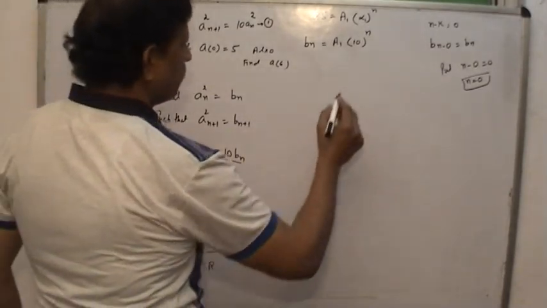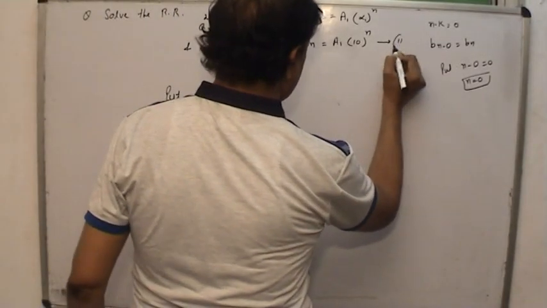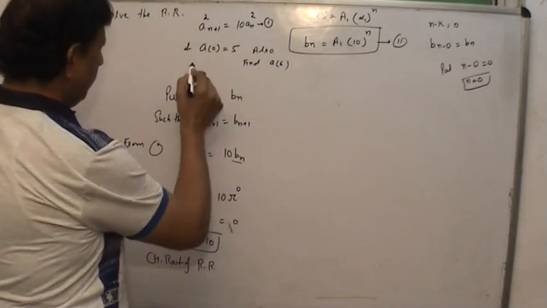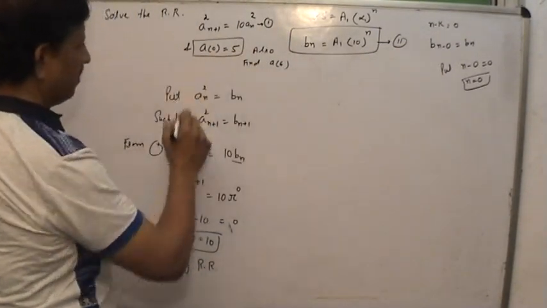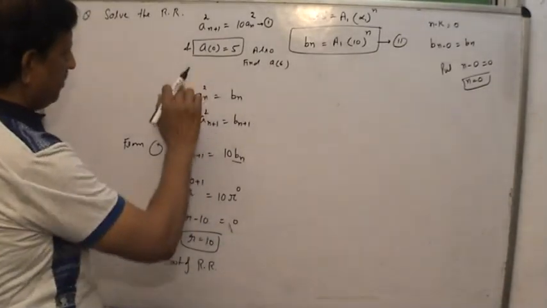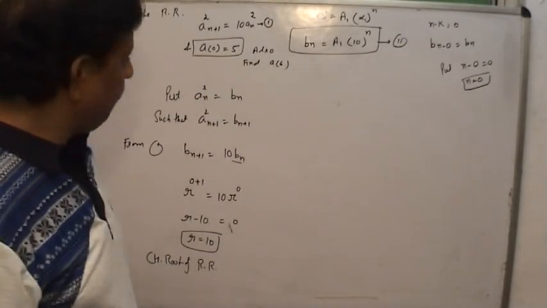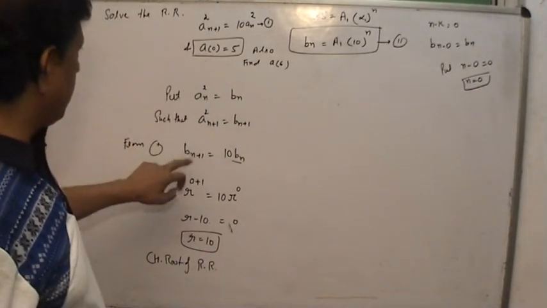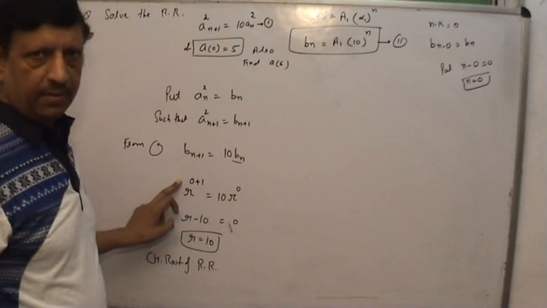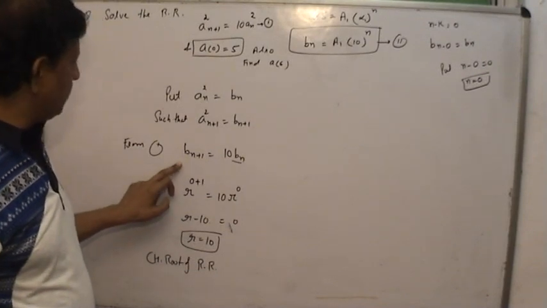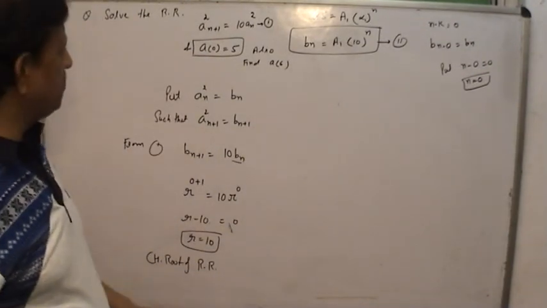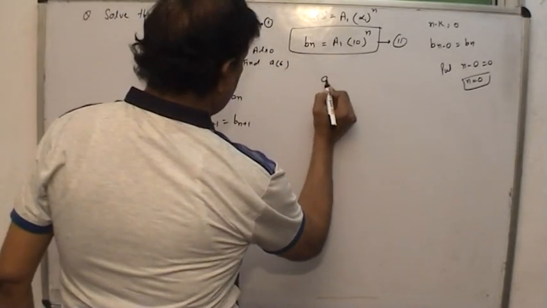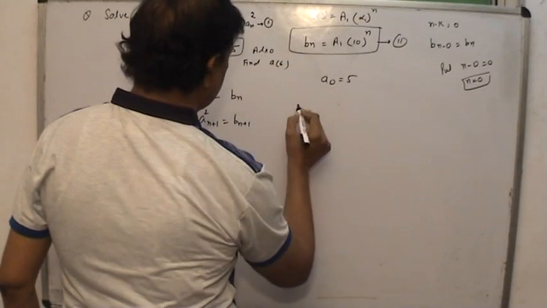Now we can solve this general solution by using the initial value conditions. But these conditions contain the values of a, and we have changed the recurrence relation into b, because b is equal to a square. Now a0 is equal to 5.